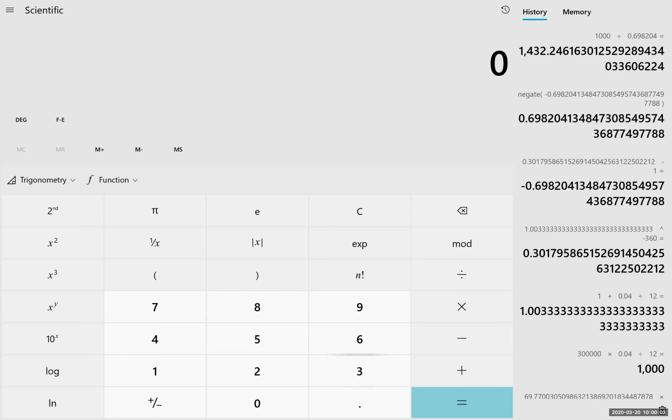You can do what I'm about to show you, or you can do what I have already shown you last time. The way you can do this in one sequence is this: 300,000 multiplied by 0.04 divided by 12.